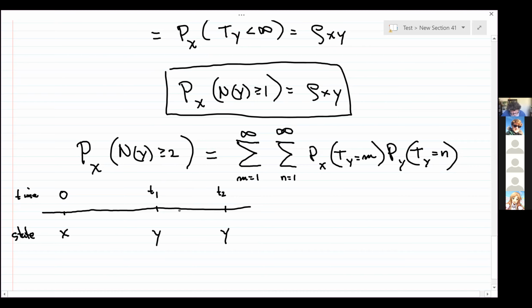So here's how things look. At time 0, you're at this state. There'll be a time when you first get to y, and then there'll be another time when you return to y. And I know that's true because that's what's going on here. Now how could the picture look like this? The first time he's calling m in this index. So he's calling this m.